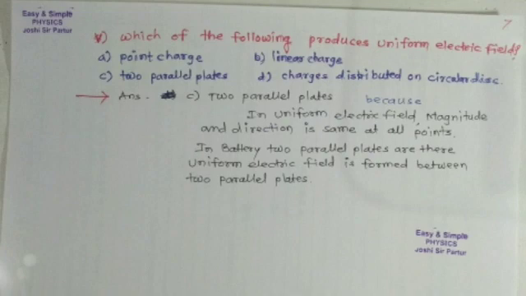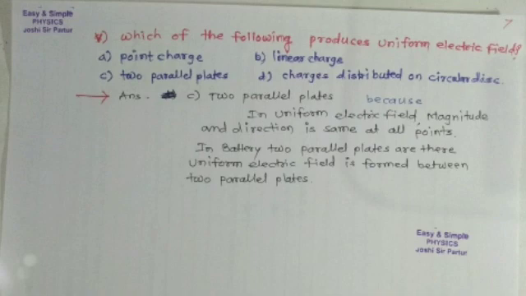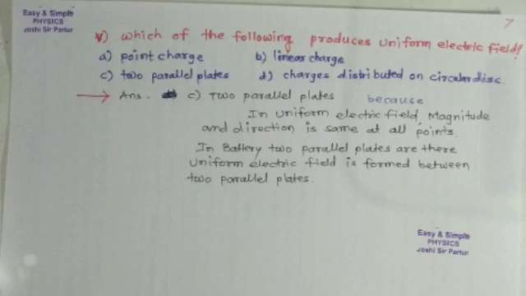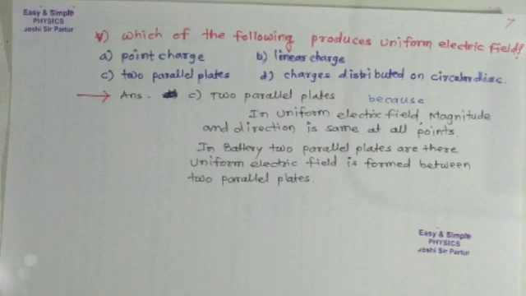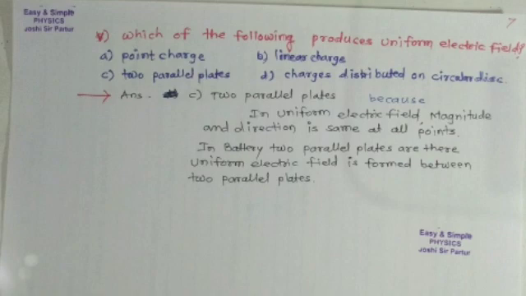Question 5. Which of the following produces a uniform electric field? Option A point charge, option B linear charge, option C two parallel plates, option D charges distributed on a circular disc.